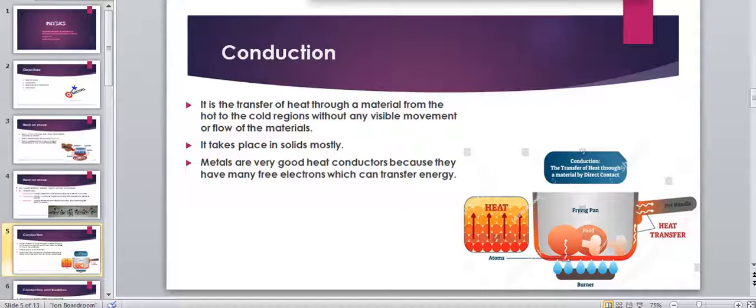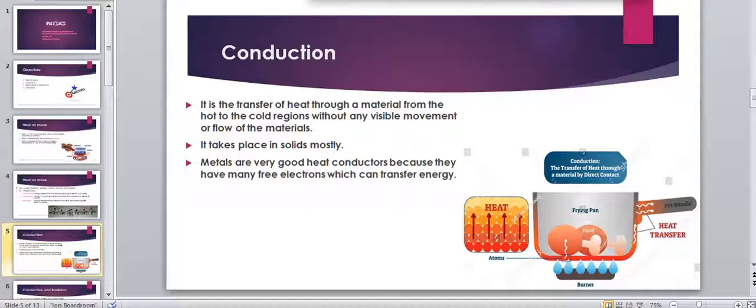As we have seen in the previous example as well, the boy was passing the book from one person to another without leaving their seats, and in this way the book will reach the end of the class.